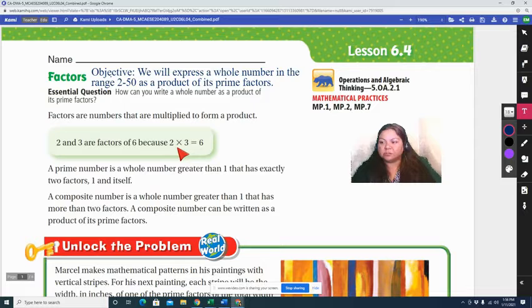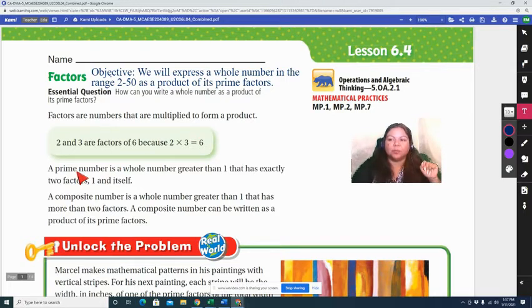So the numbers between the multiplication sign are the factors. And after the equal sign, we have the product, which is the answer to the multiplication problem. Now, that is one word that we just went over, a vocabulary word, which is factor.